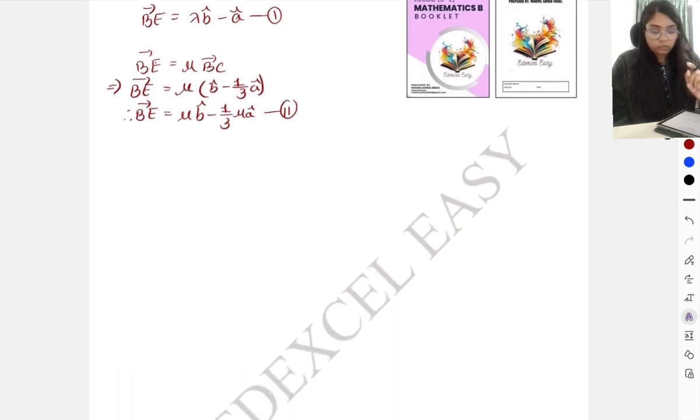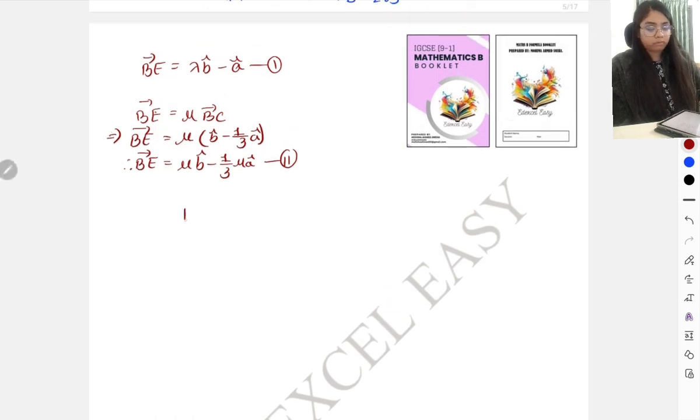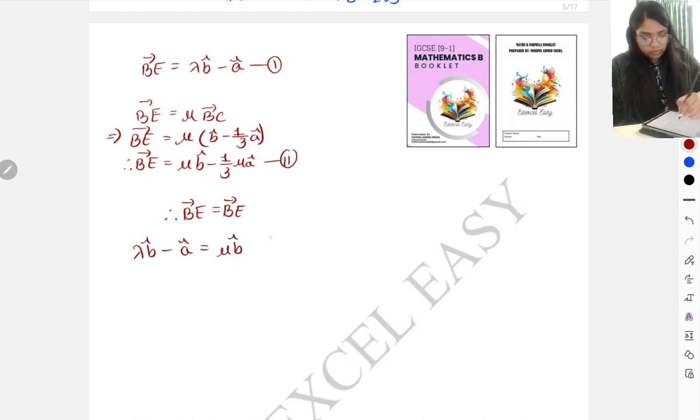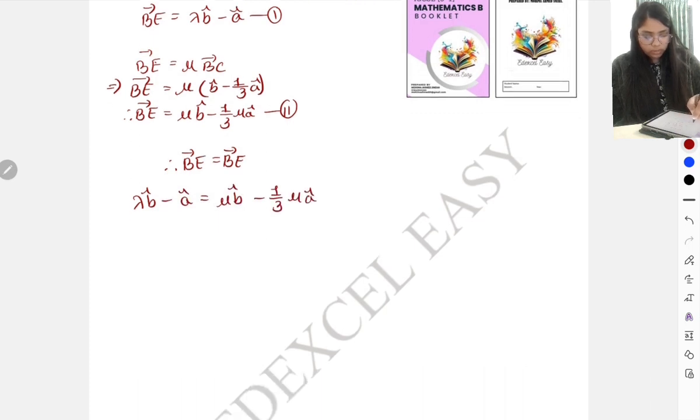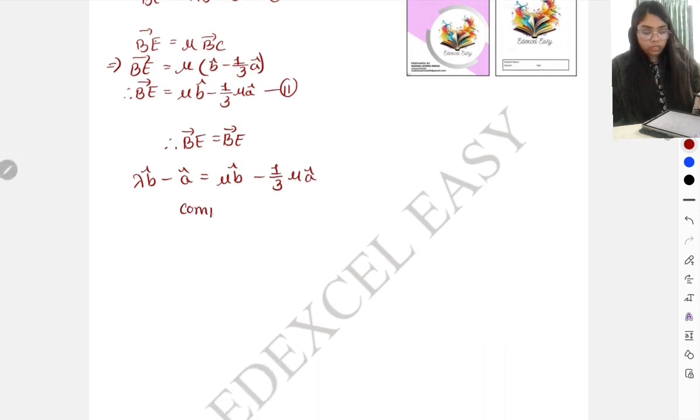So I can write BE is equal to BE because they are the same vector, and that's going to be lambda B minus A is equal to mu B minus 1 by 3 mu A. After writing the equations on two sides, I'll start comparing the A coefficients with A coefficients and B coefficients with B coefficients, right?